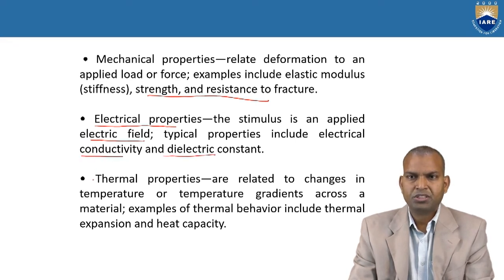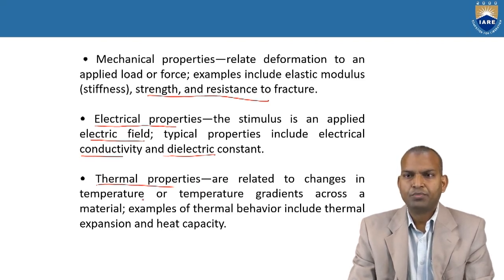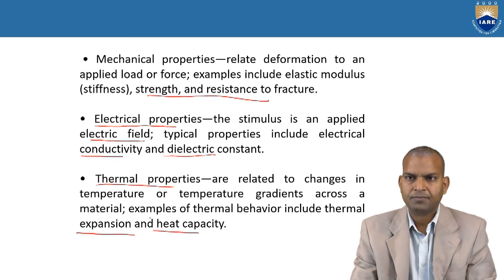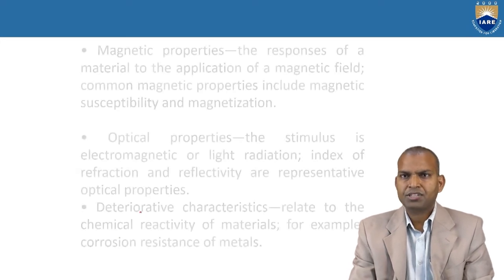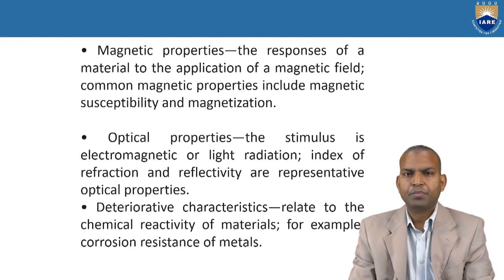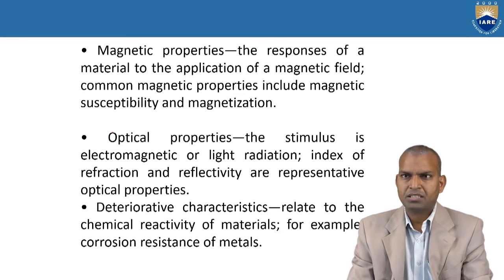Whereas in thermal properties, the change in temperature, that is the temperature gradient, is the stimulus. And what are the examples? Thermal behavior includes thermal expansion and heat capacity as the responses. Now next, if you go for magnetic properties, the magnetic properties are the responses of a material.